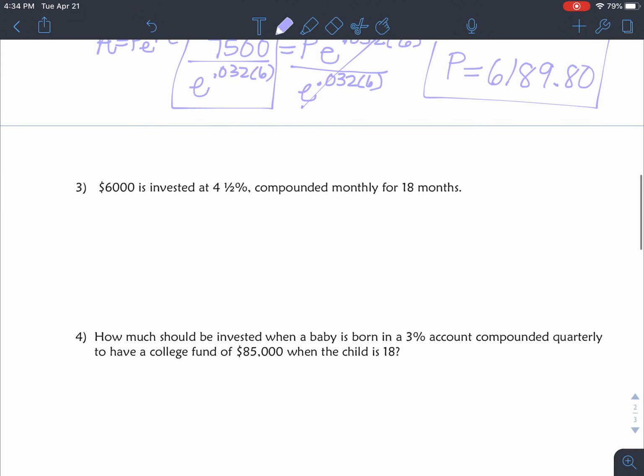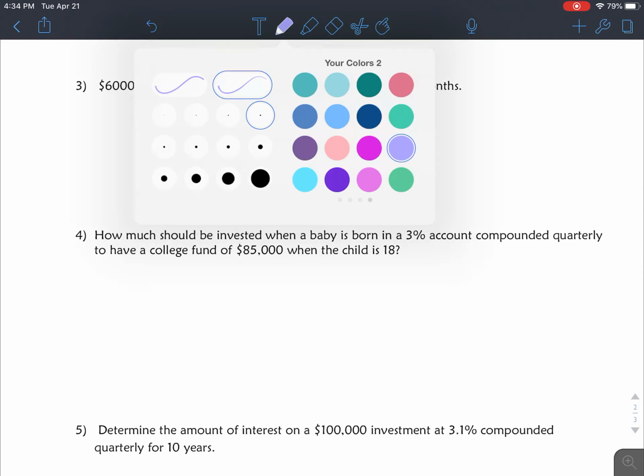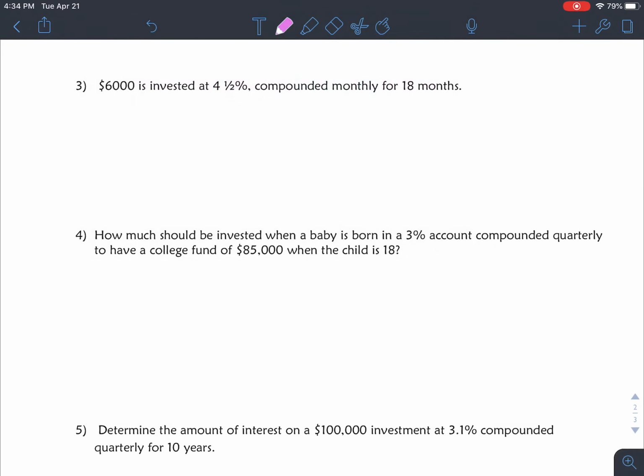All right, number 3. What do we got here? $6,000 is invested at 4.5%. It's compounded monthly for 18 months. There is no question. I would want to know what is the final amount.